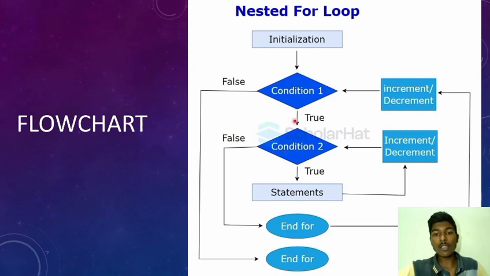If both the conditions are true, with increment or decrement, then it is executed with some statements or input or output statements. This is how nested for loops are used in a program. Now I will give one example of how it is used in a program.